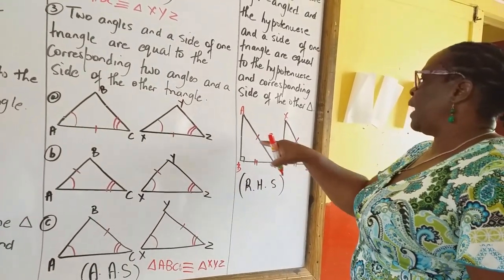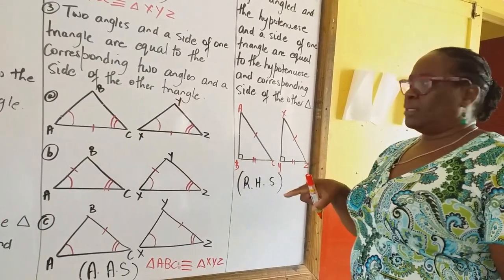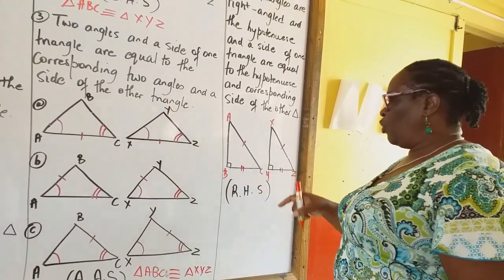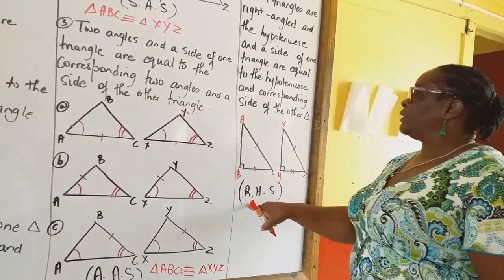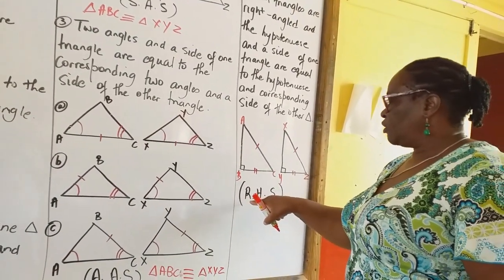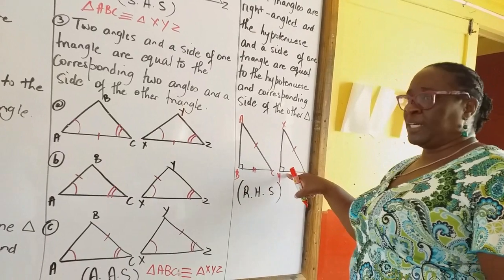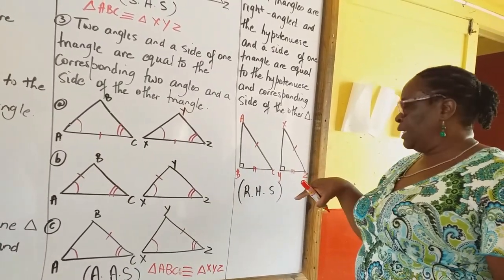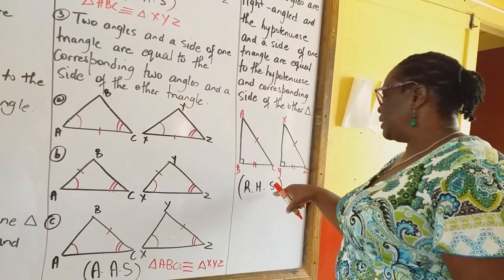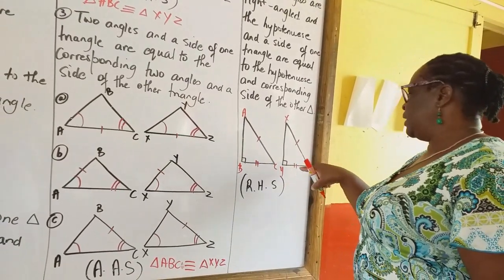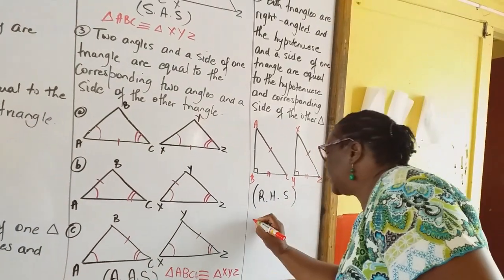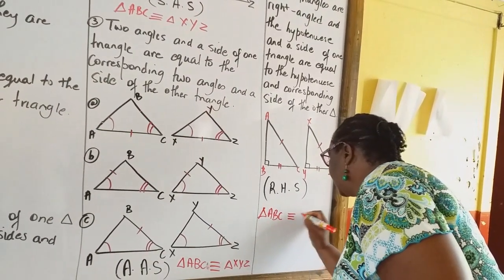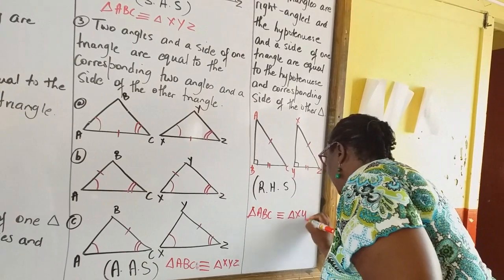And also that the hypotenuse sides, AC and XZ, are also equal. Therefore, they are congruent because we have the right angle, which is correspondingly equal. We have the hypotenuse sides, they are correspondingly equal. And we also have the other side, BC and YZ. So we say that triangle ABC is congruent to triangle XYZ.